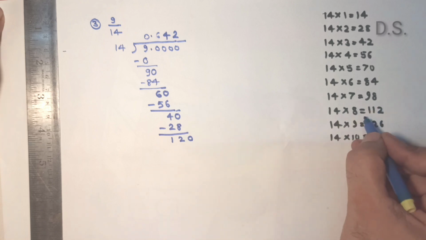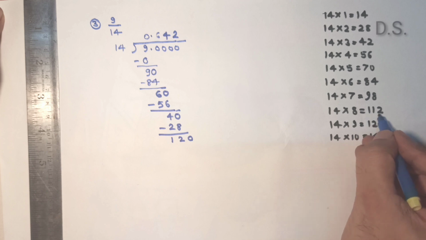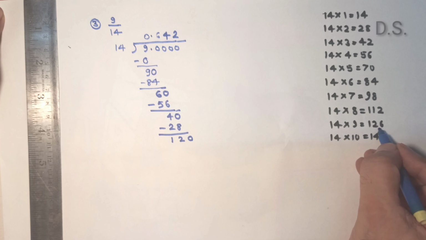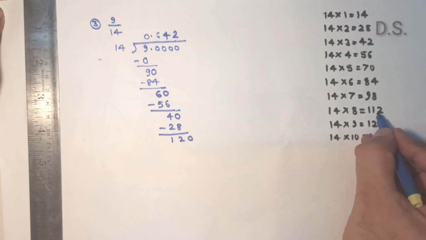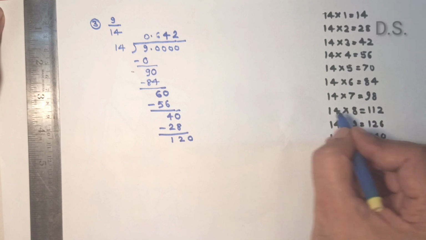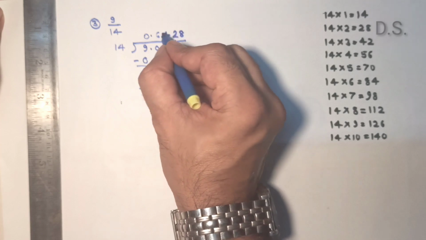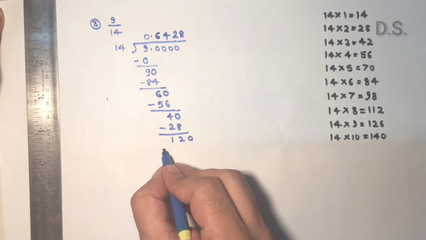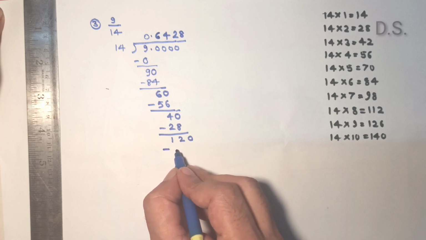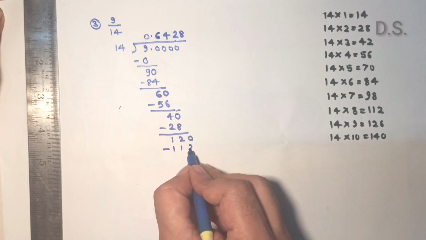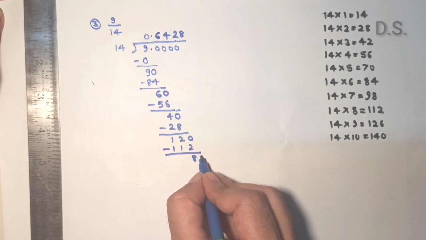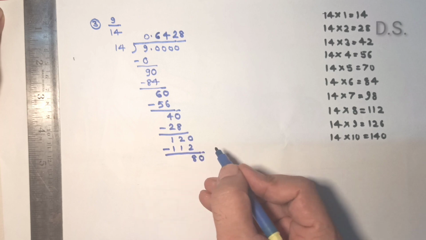Look at this. 8 times it is 112, 9 times 126. 126 is bigger than 120, so I'll take 112. That means 8 times. So 14 8s are 112. Subtract. You will get 8 and this 0, 80.